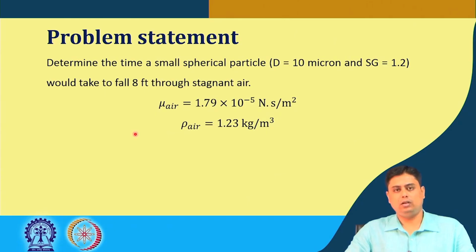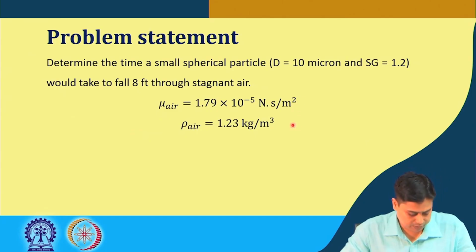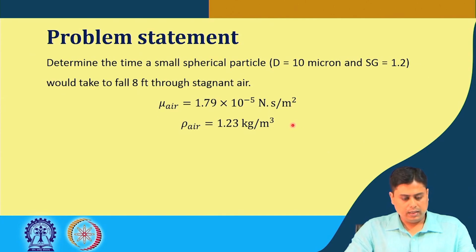Let us say this room has a roof 8 feet from the ground. The physical properties that are required are given here. So in this case, what is the time that is required?